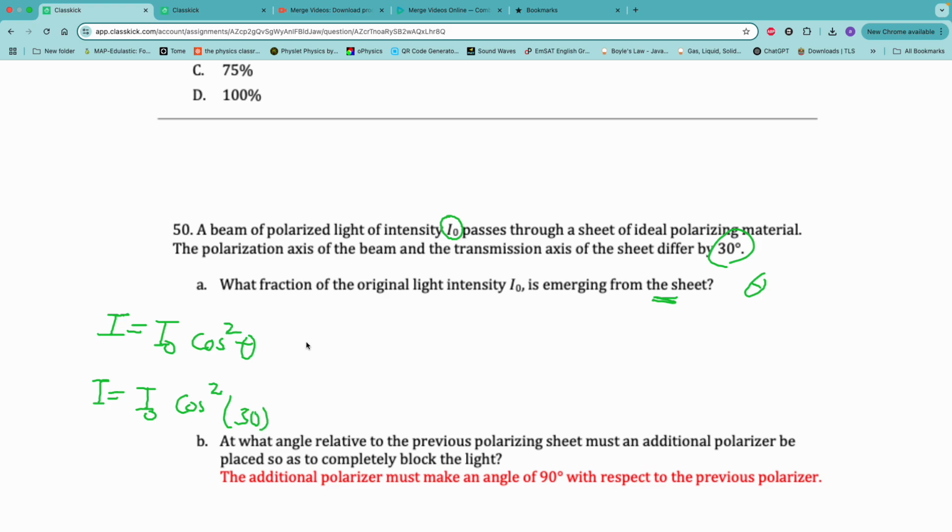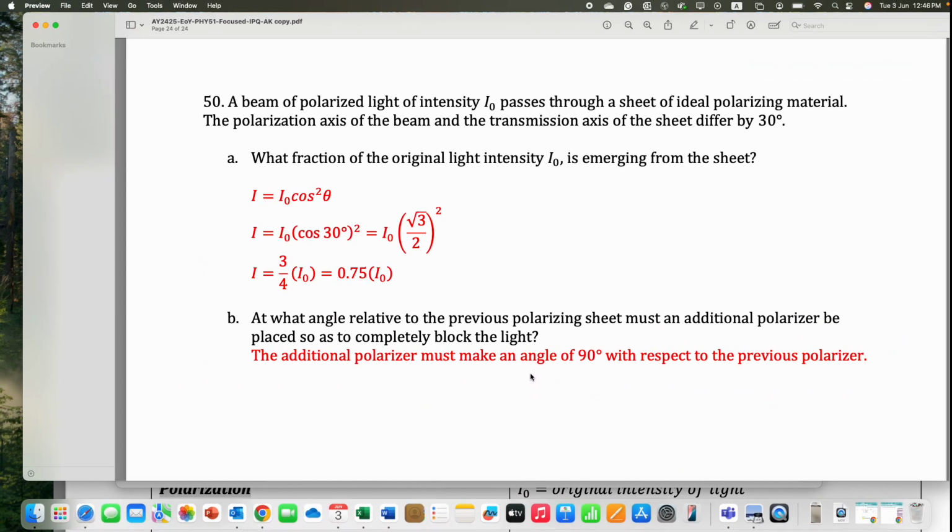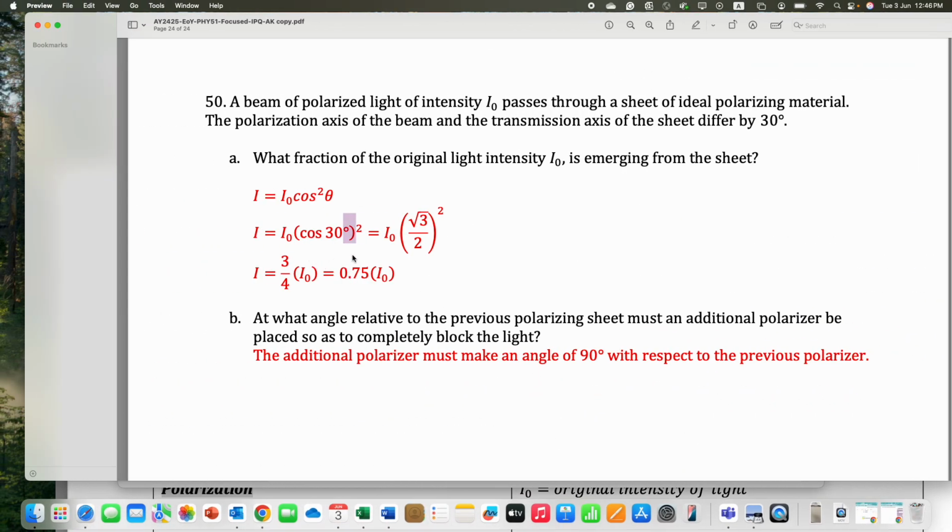Using the calculator, first cosine 30, then square your answer to get I is 0.75 from the original, which can be written as either 0.75 or, because the question asks about a fraction, write it as 3/4 of the original.